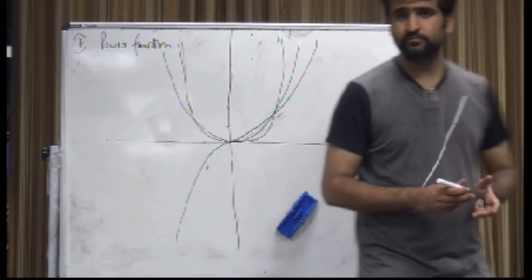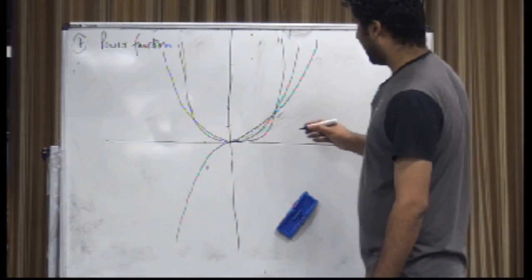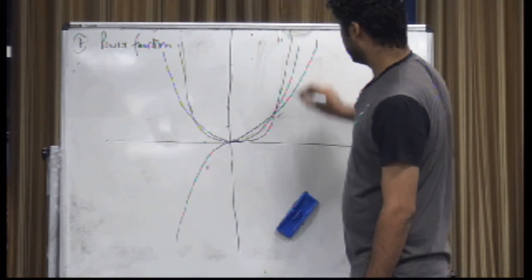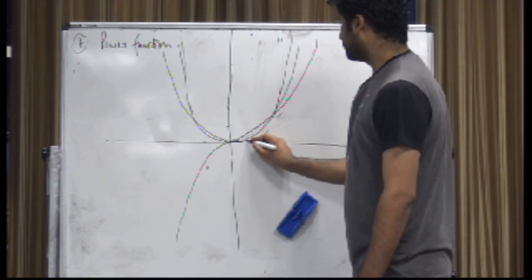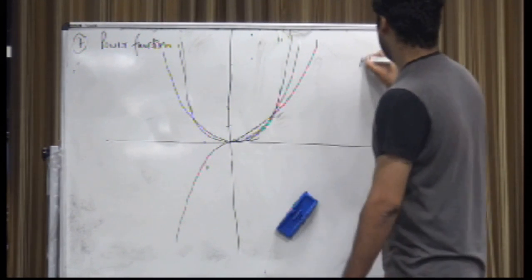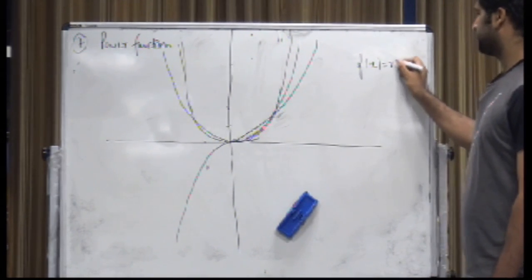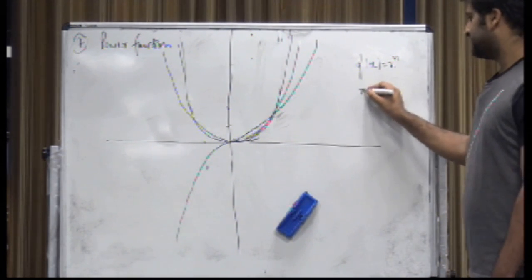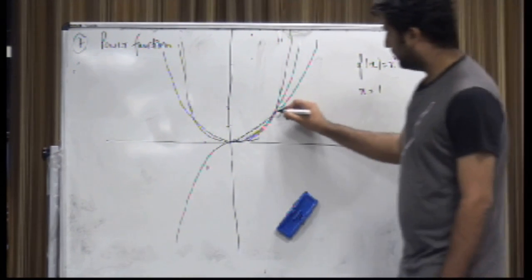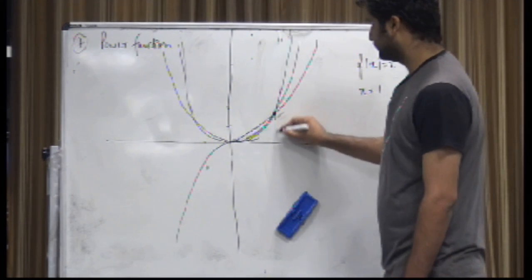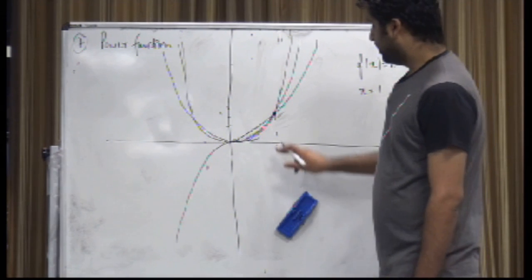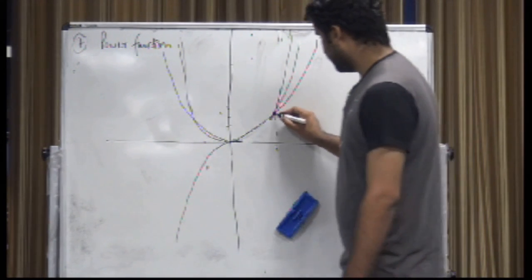So just see the graph of x square. For all the values, f(x) is equal to x to the power n. After putting x is equal to 1, you will always get 1, right? So all these graphs meet at this point, which is (1, 1). Is this clear?